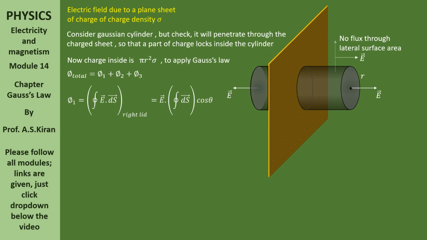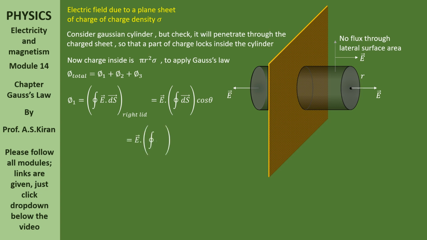So phi 1 is equals to circular integral of E bar ds bar. That is equals to E bar circular integral of ds bar cos theta. What is theta here? 0 degrees. Because the electric field direction and the area vector of lid direction is same.